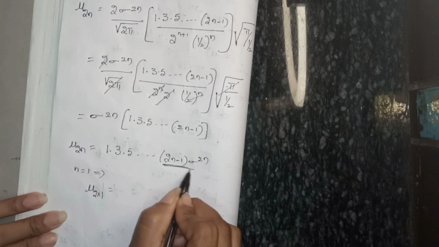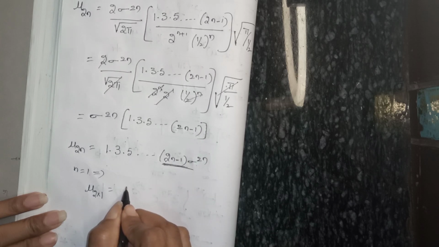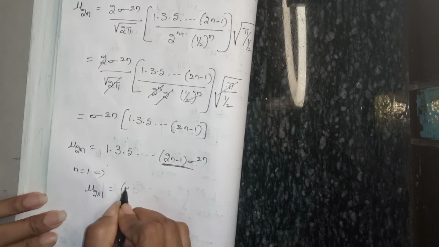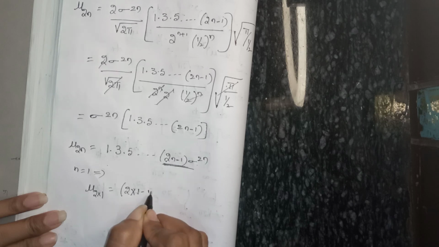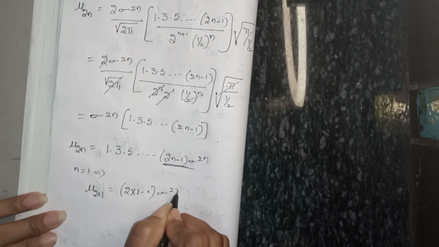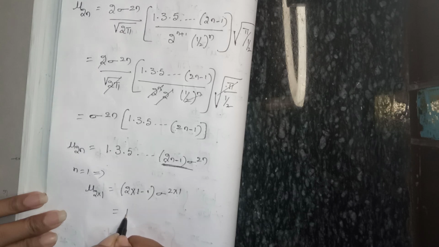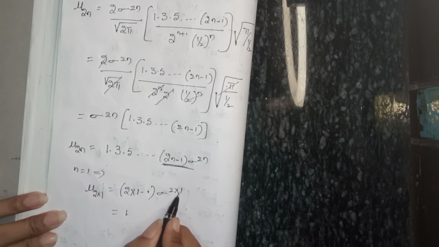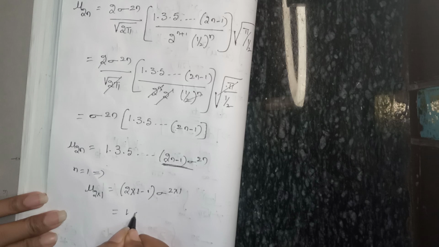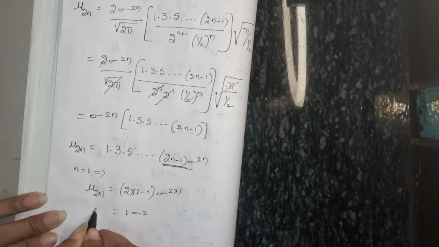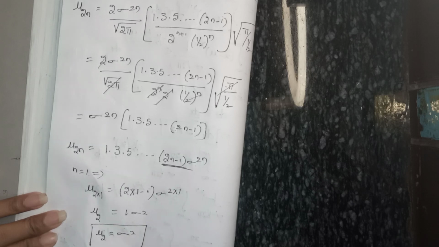So 2 into 1 minus 1, sigma 2 into 1. That means 2 minus 1 is nothing but 1, sigma 2 into 1 is 2. That means 1 into sigma square. So here we got that mu 2 equals sigma square. So this is mu 2.